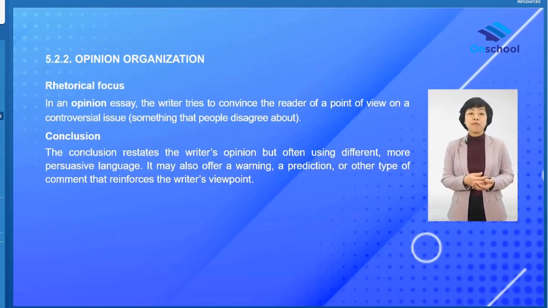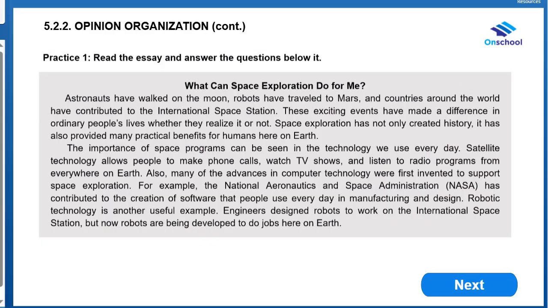It may also offer a warning, a prediction, or other type of comment that reinforces the writer's viewpoint. To understand the opinion essay organization better, let's complete exercise 1. You need to read the essay and examine the organization of the essay by answering the questions under it.